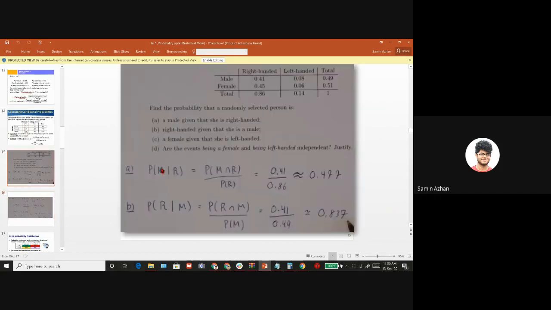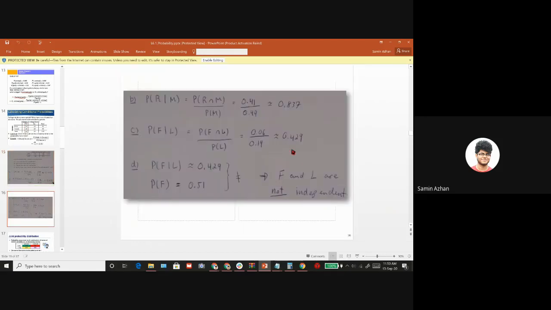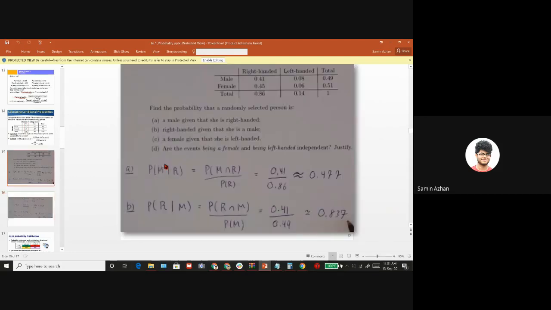In this case, we're trying to figure out if F is independent of L. We can determine that by calculating the probability of F given L, and the probability of F. So if the probability of F given L is equal to the probability of F, that means F does not depend on L. It's an independent event.